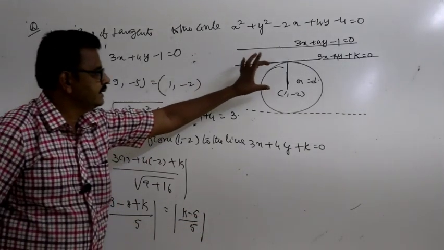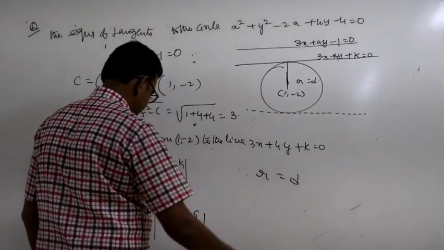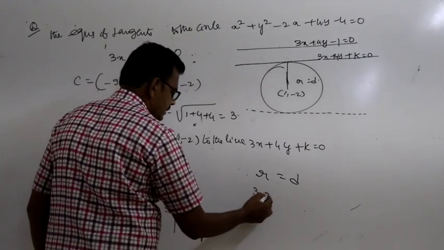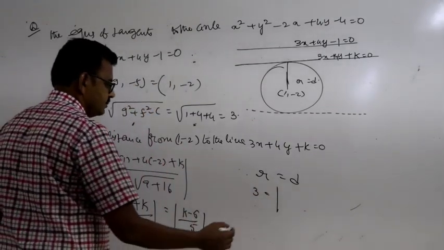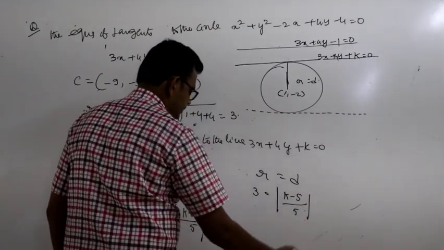So the line is a tangent to the circle, so condition for tangent r equal to d, where r is 3 and d equal to distance. So k minus 5 by 5.